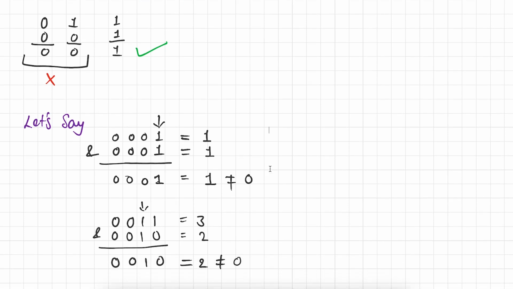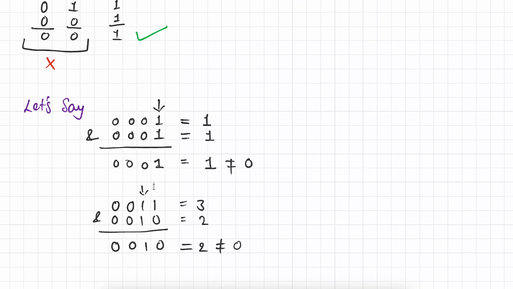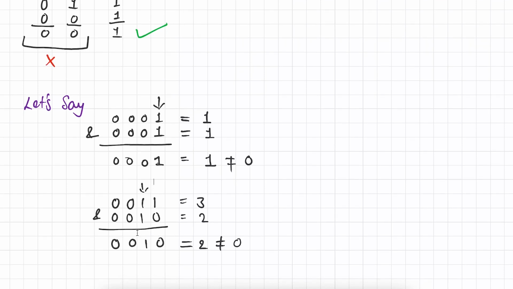Okay, moving on. Let's say now the number is 3. The binary representation of number 3 is 0011, and I want to check if the second bit is set or not. To check that, we need a number whose second bit is set, and that number is equal to 2, because in 2 only the second bit is set.